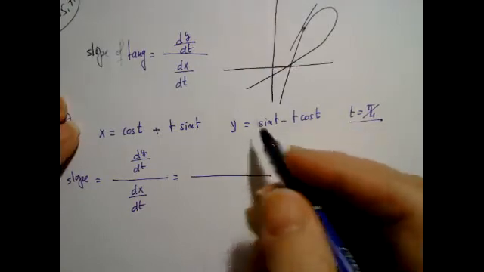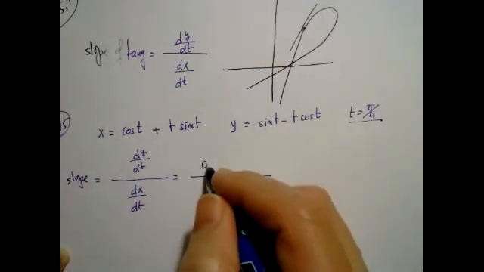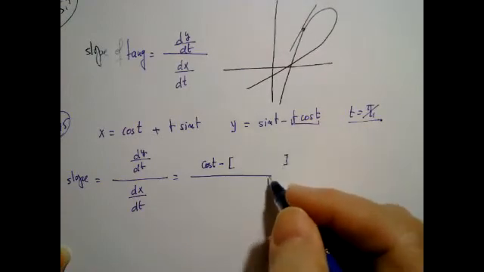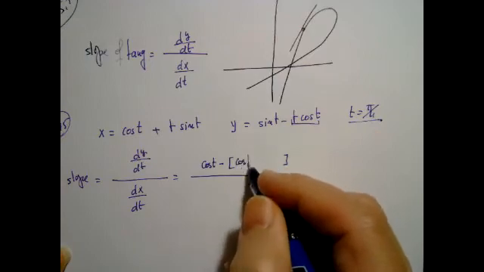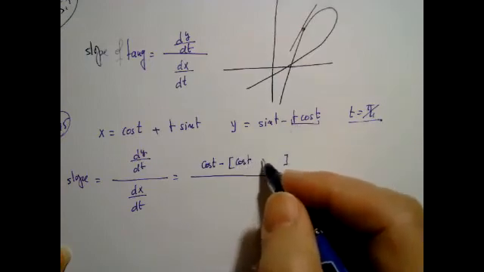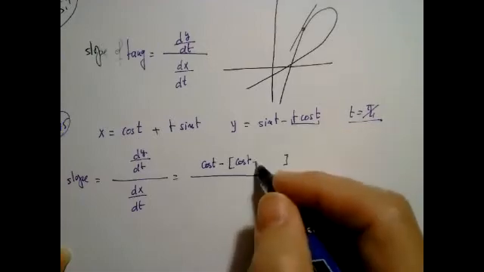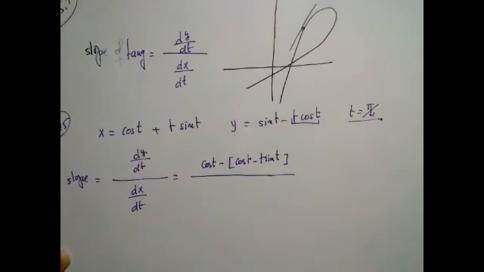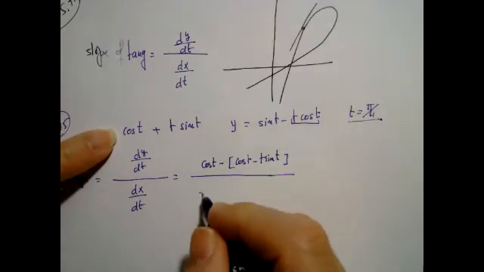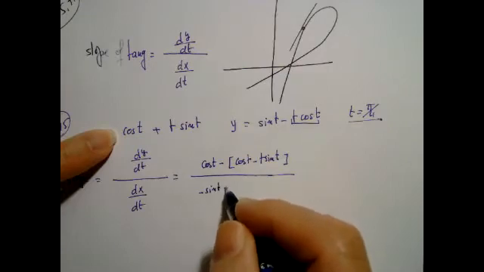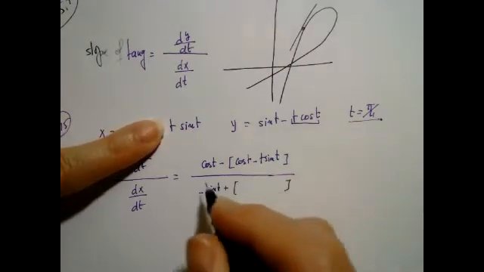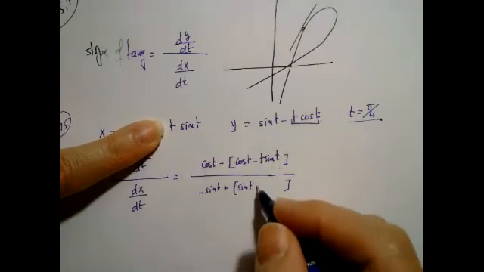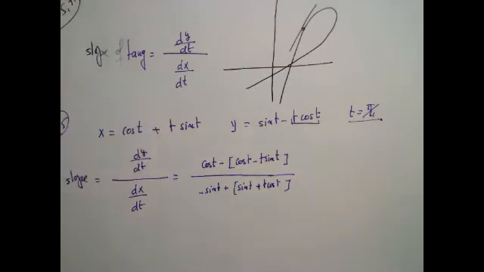Okay, so the derivative of y with respect to t is cosine t minus, now I need the product rule here, cosine t plus t times the derivative of cosine, which is minus sine t. So it's going to be that divided by the derivative of x: the derivative of cosine is minus sine, plus we need to apply the product rule, so it's sine t plus t times the derivative of cosine, which is that.